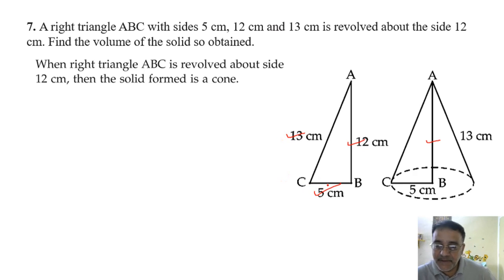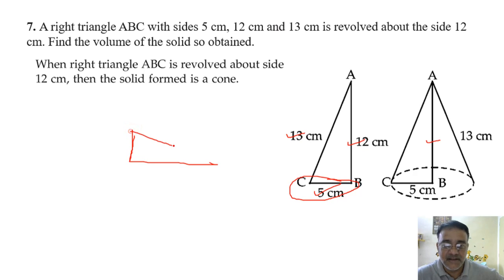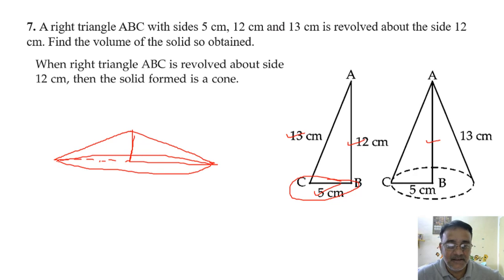So this can be revolved around 5, this BC, also. In that case, what will we get? Something like this figure you will get. This is BC. Okay, so you will get a cone in that case also, but this is 5 and this is 12.